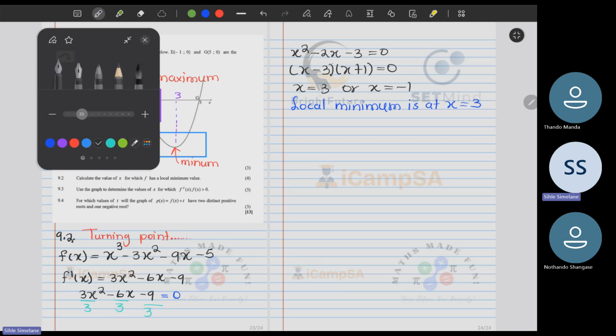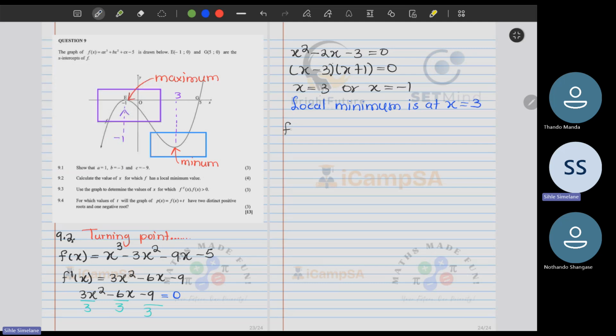So we are supposed to go and find f of 3, so that we just give them the coordinate. But wait, they said determine the x value. Yeah, we are done. So we have found that.